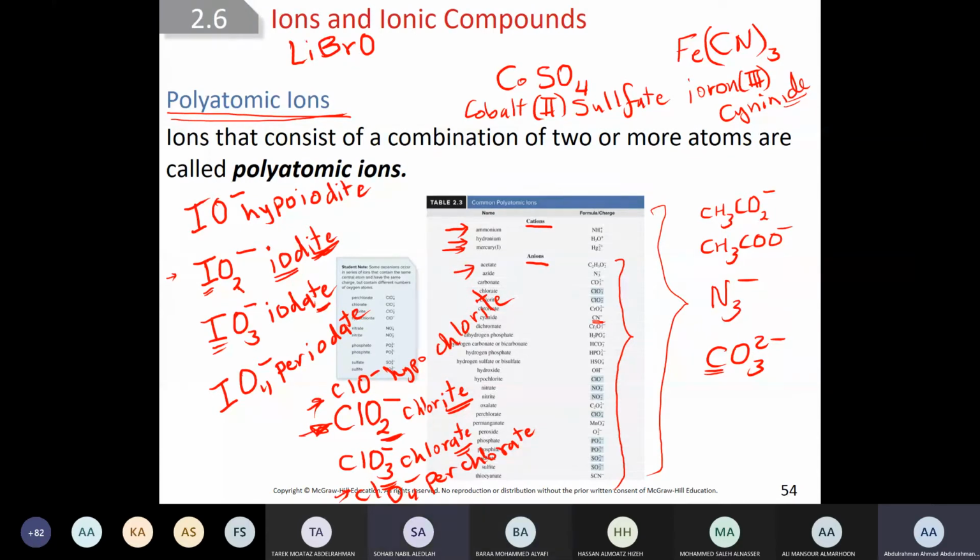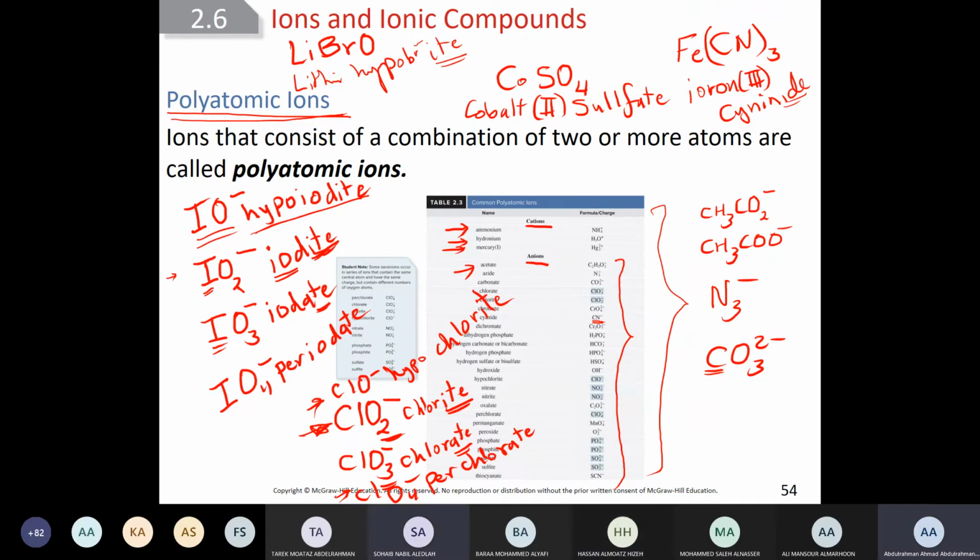Lithium bromide? Which one? Lithium hypobromite, similar to this one. Hypobromite at the end. Is this clear? Good.